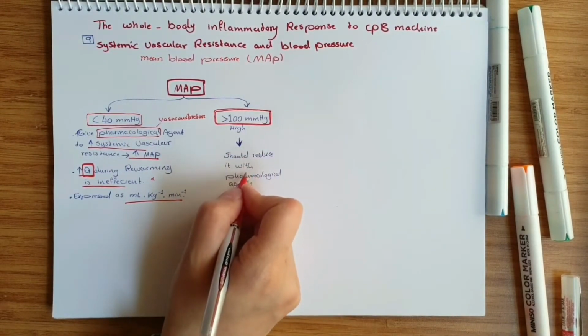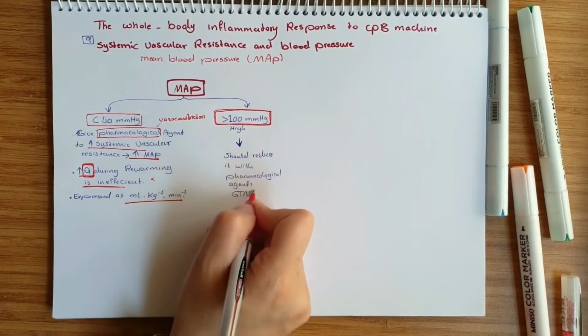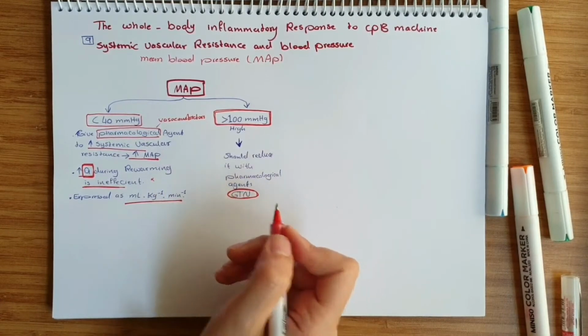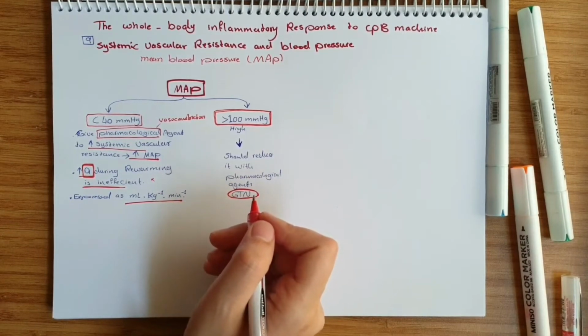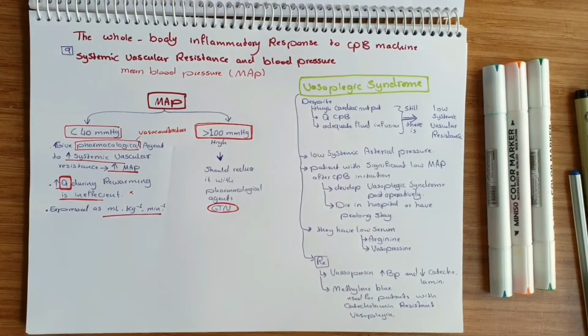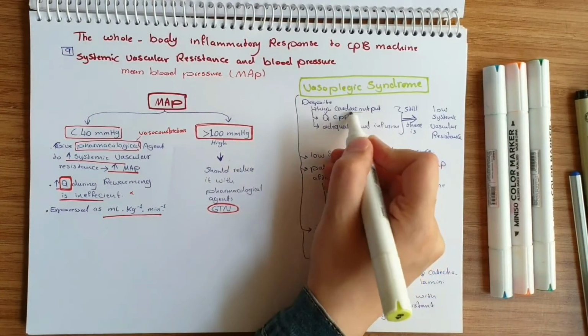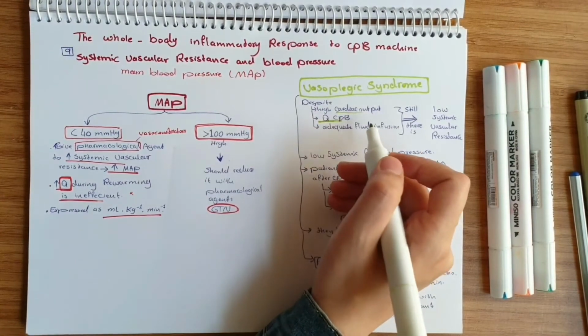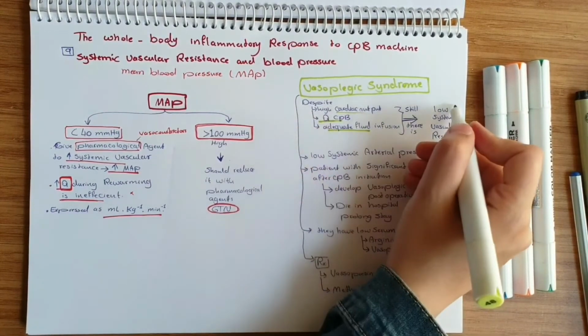We should give the vasoconstrictor. And also when it is higher than 100 millimeters mercury, which means we have high systemic vascular resistance, we should give pharmacological agents.